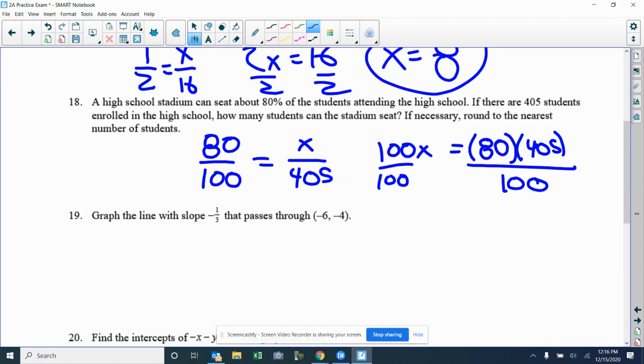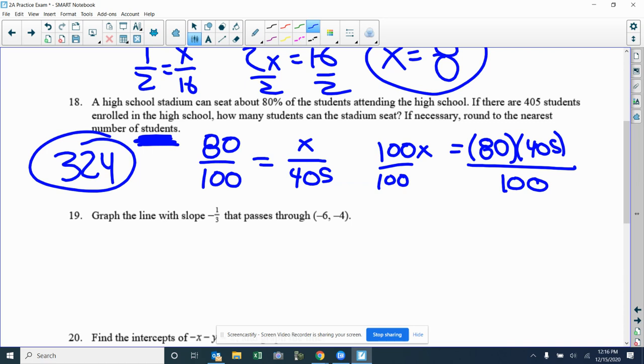It can't be over 405. It's 80% of 405, which is 300 probably. 324. 324 sounds good. 324 students.